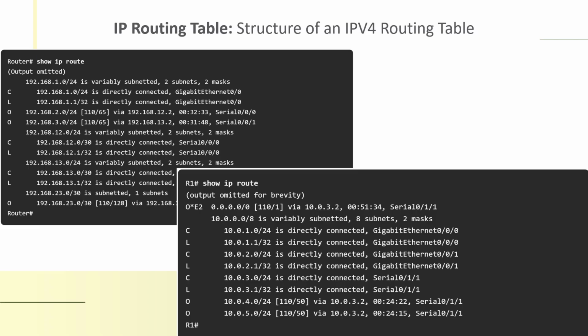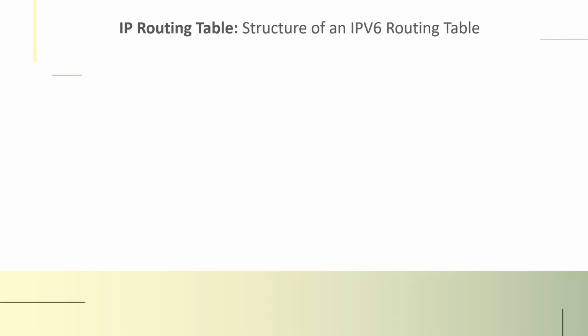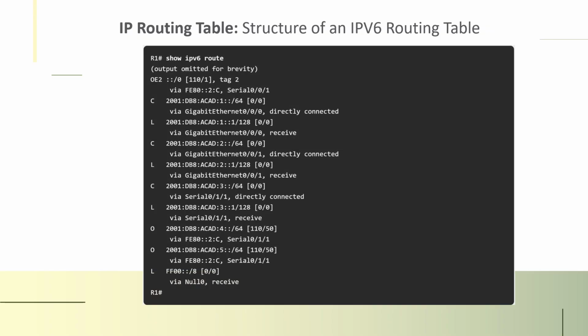The concept of classful addressing was never part of the IPv6 routing table, and it is straightforward. Every IPv6 route entry is formatted and aligned the same way, compared to IPv4, which had parent routes and child routes.